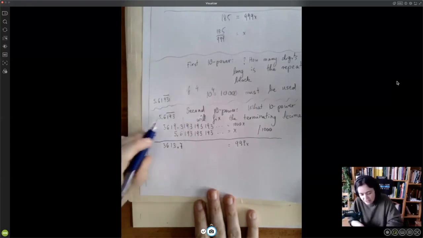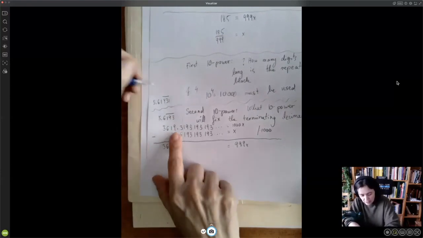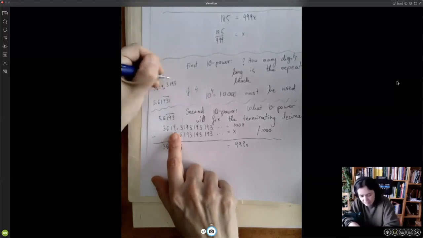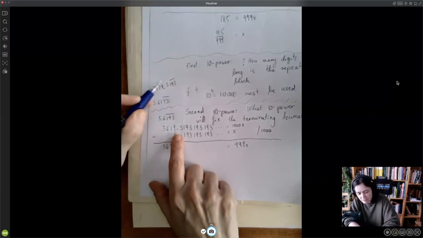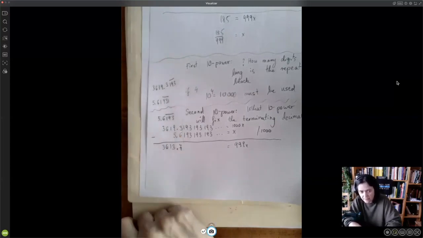So if we wanted to, we can rewrite this upper number as 3619.3193193. You see this one was partially used up in the subtraction, and that's why it starts.